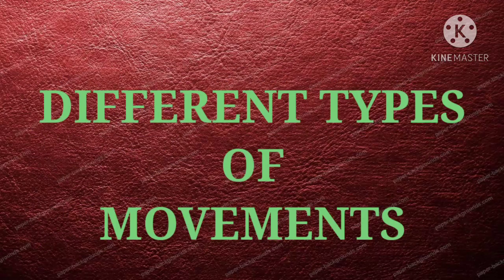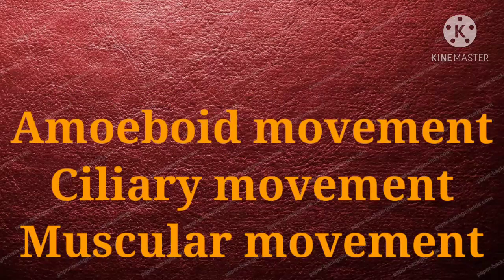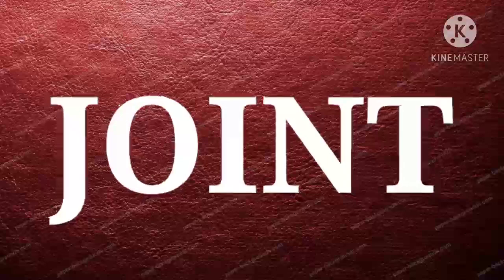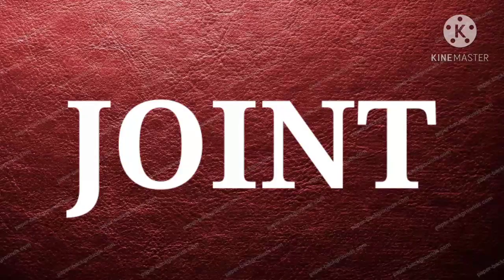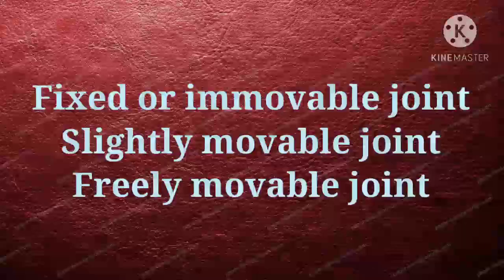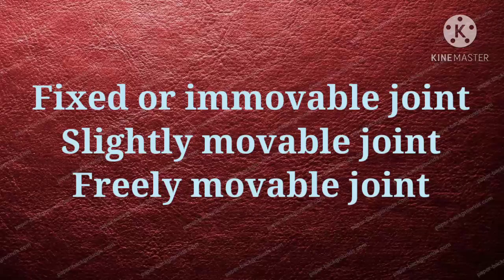We saw the different types of movements: amoeboid movement, ciliary movement, muscular movement. What are the three movements? Amoeboid, ciliary, muscular movements. Next, we learnt about joints. Here you have three types of joints: fixed joint or immovable joint, slightly movable joint, and the third one, freely movable joint.